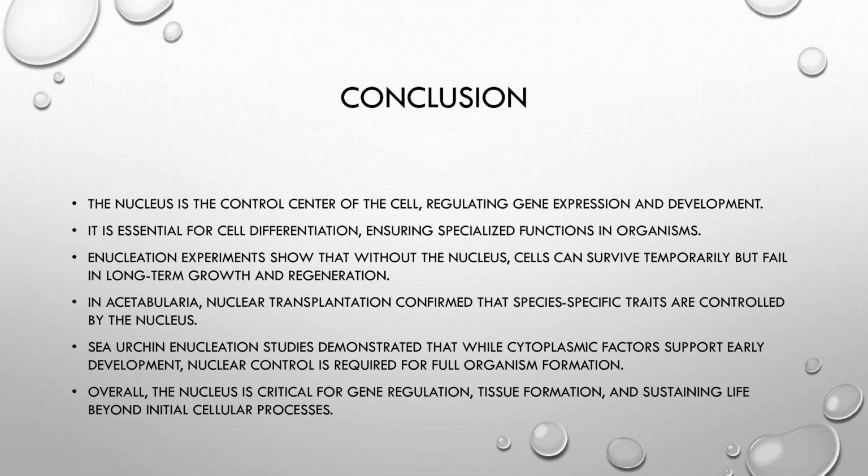In Acetabularia, nuclear transplantation confirmed that species-specific traits are controlled by the nucleus. Sea urchin enucleation studies demonstrated that while cytoplasmic factors support early development, nuclear control is required for full organism formation. Overall, the nucleus is critical for gene regulation, tissue formation, and survival beyond the initial cellular processes. Thank you.